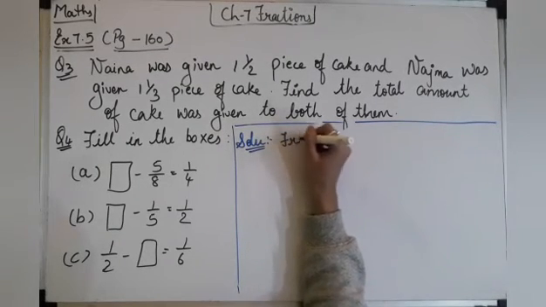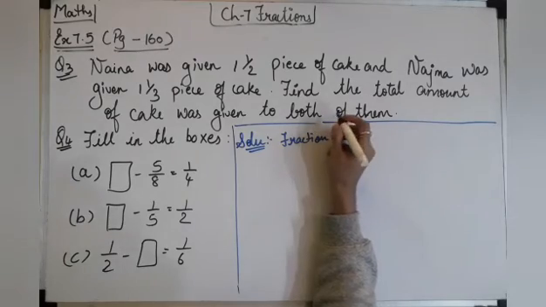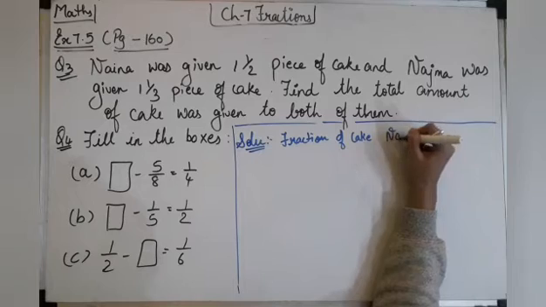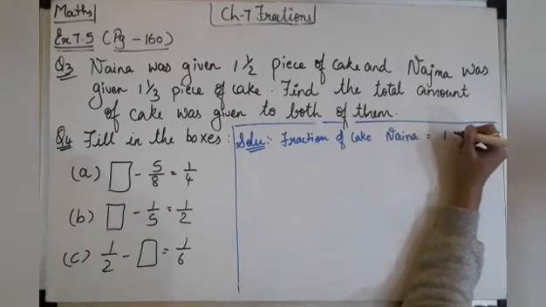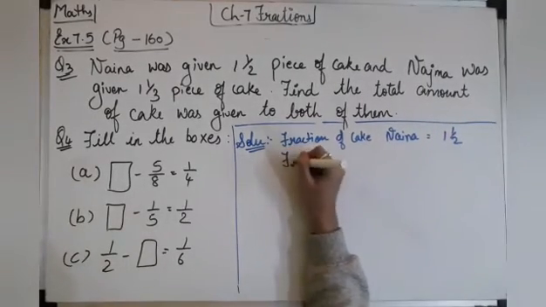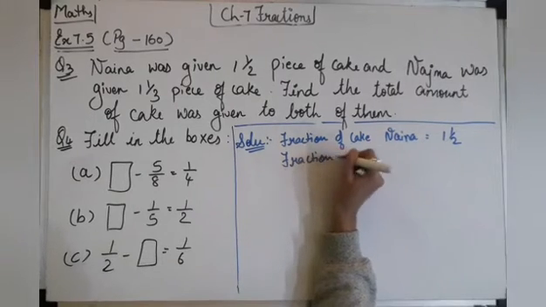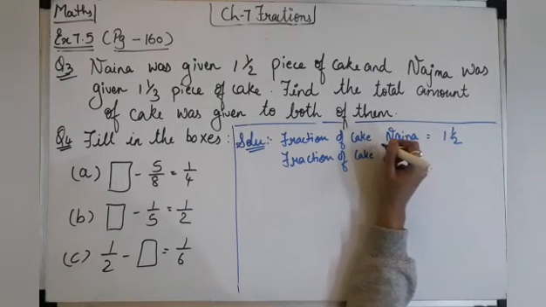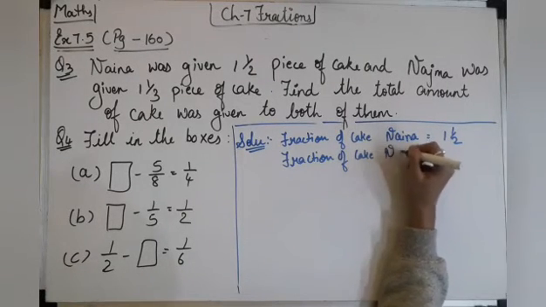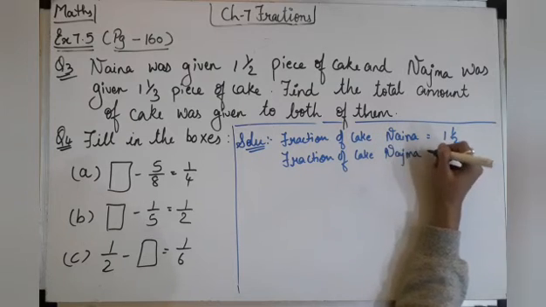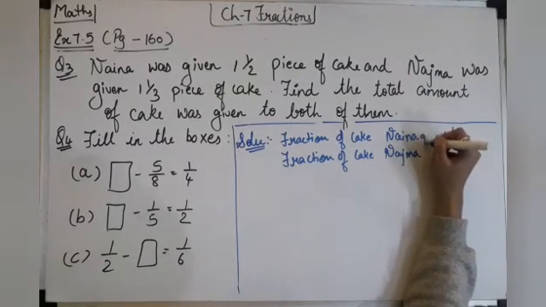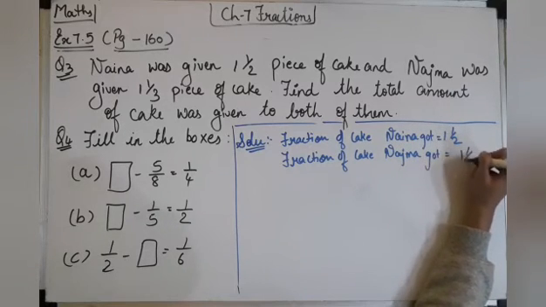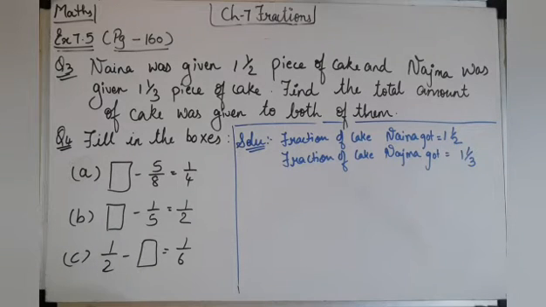So the fraction of cake Nena got is equal to 1 integer 1 upon 2, and the fraction of cake Nijma got is equal to 1 integer 1 upon 3.